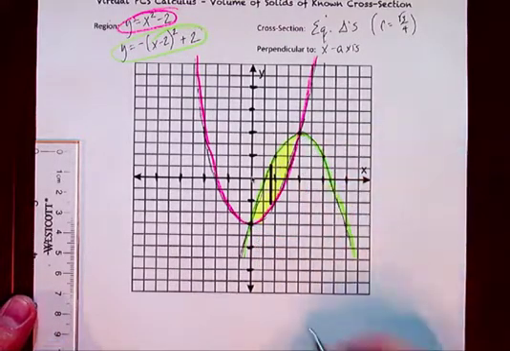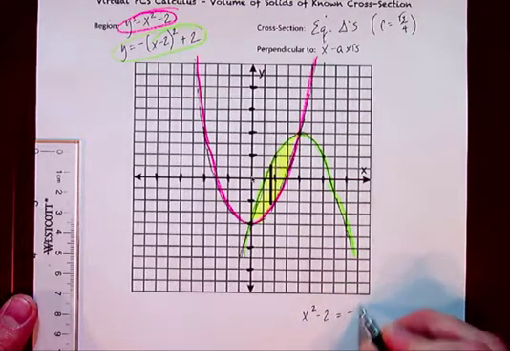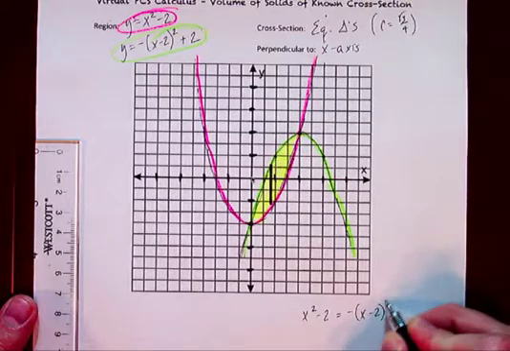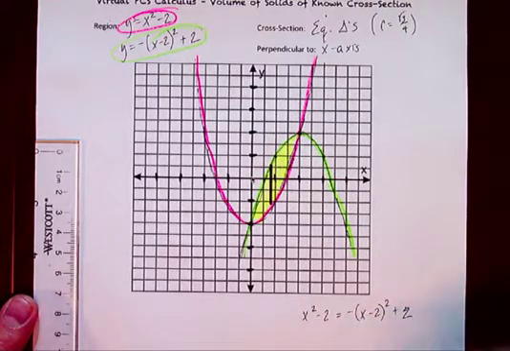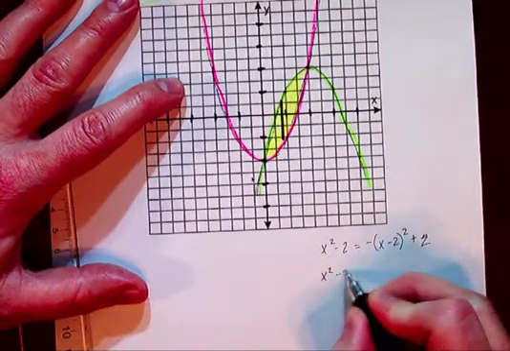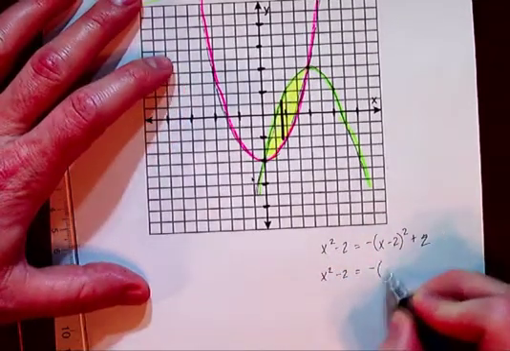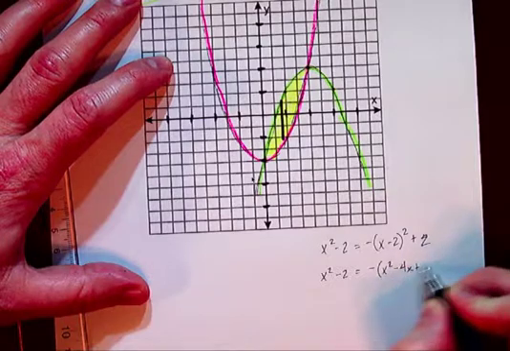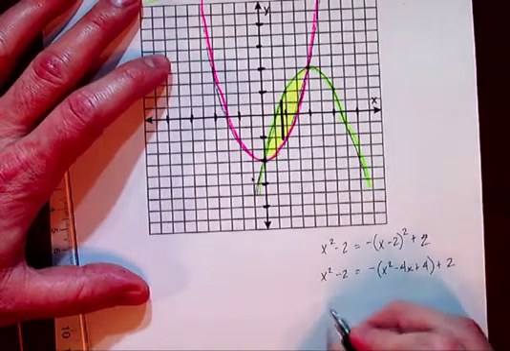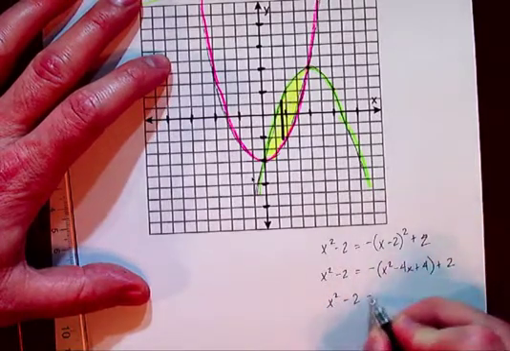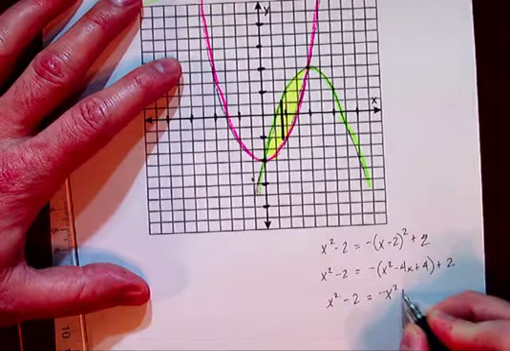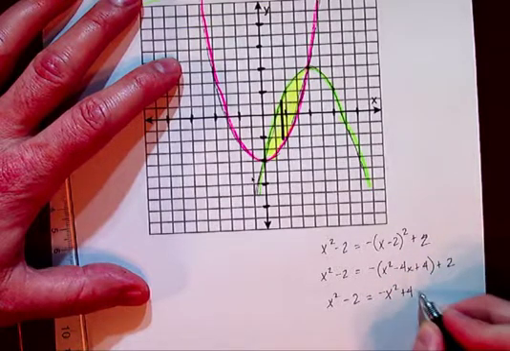I could, if I was just nervous or whatever, basically do it analytically, right? And you get, x squared minus 2 is equal to negative, x squared minus 4x plus 4 plus 2. So that's x squared minus 2 is equal to negative x squared plus 4x minus 4 plus 2, so minus 2.